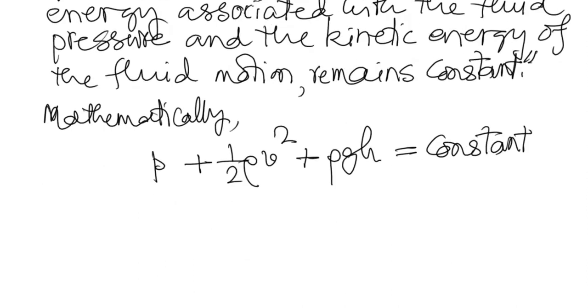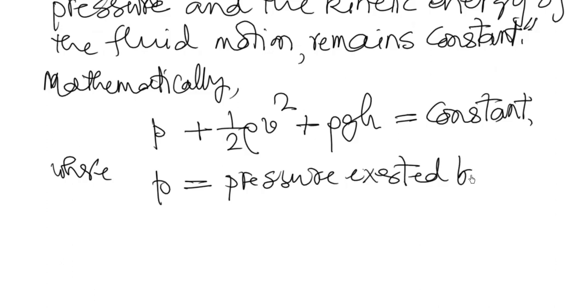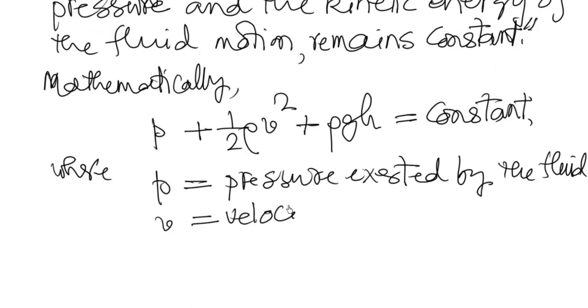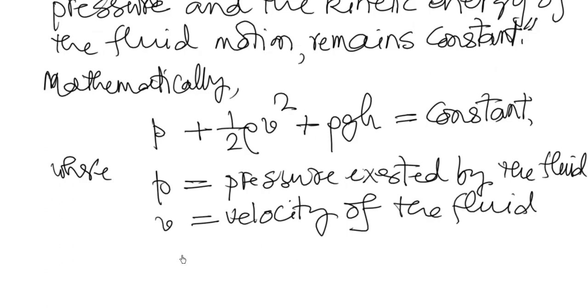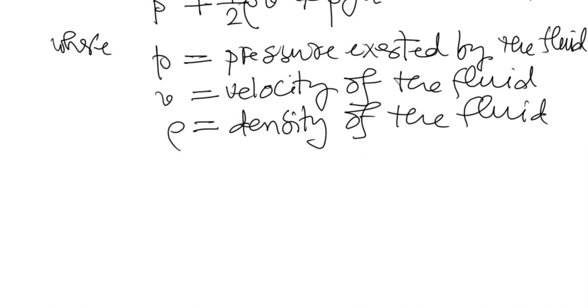Where P is the pressure of the fluid, v is the velocity of the fluid, rho is the density of the fluid, and h is the height of the container.